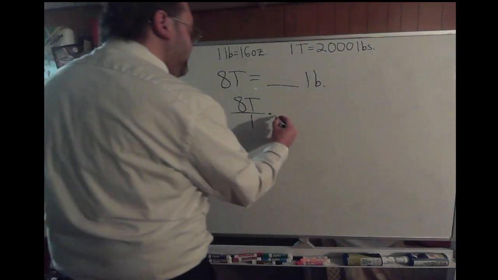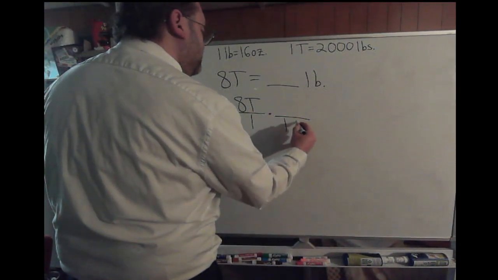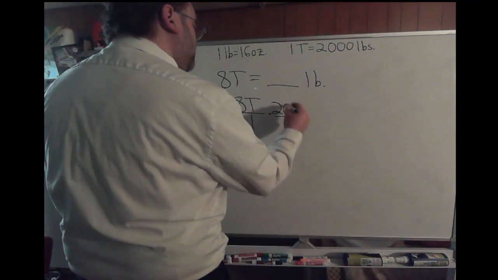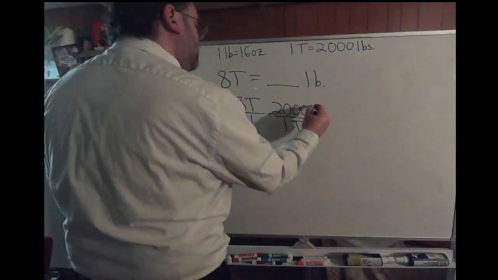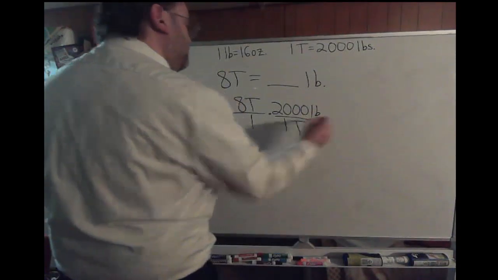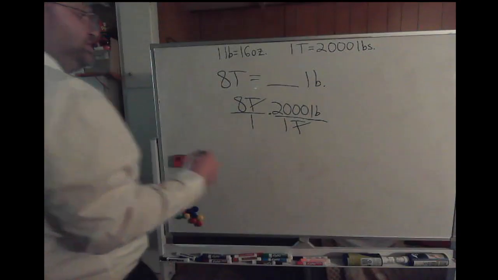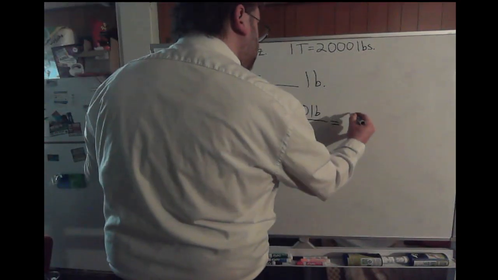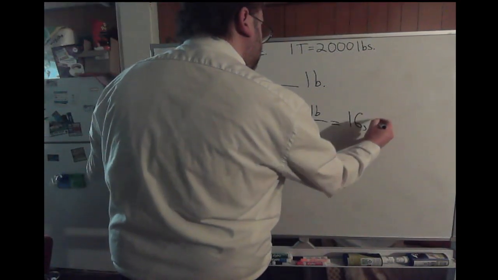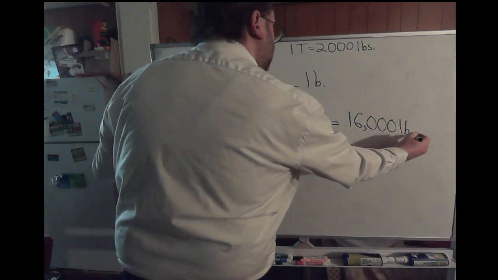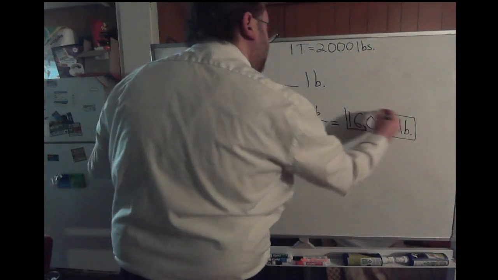We can use the fact that in 1 ton, there is 2,000 pounds. We're going to convert that to pounds. Well, now your tons will cancel out. You'll just have 8 times 2,000, which would be 16,000 pounds. So your answer is in 8 tons, there are 16,000 pounds.